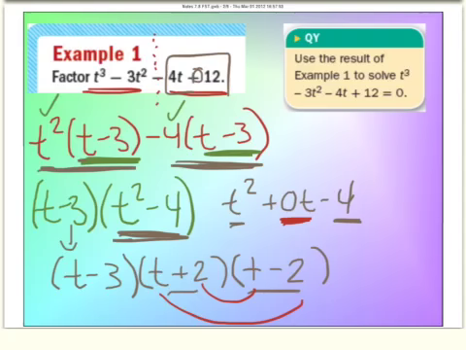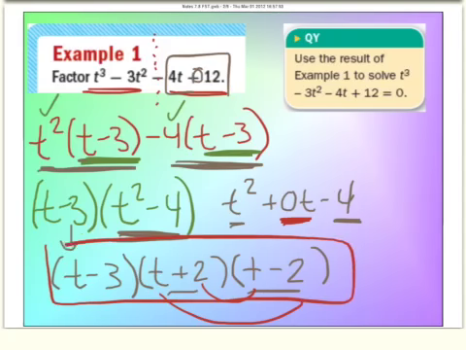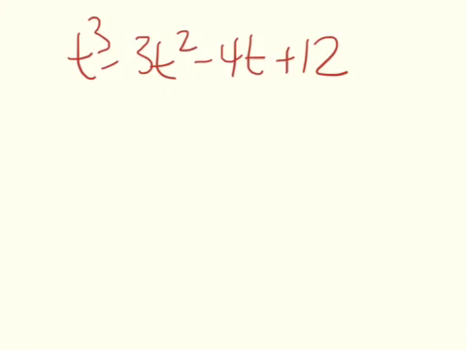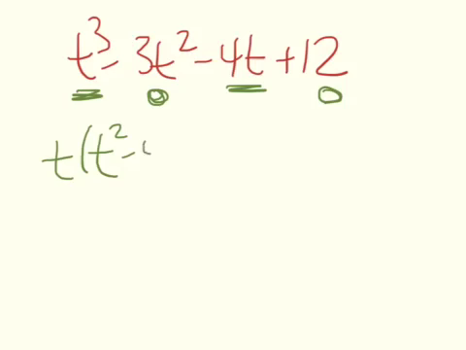So when you factor by grouping and completely factor, these are the three binomial factors that we get for t cubed in this polynomial right here. I do want to show you, though, that you could have factored by grouping a little differently on this one. You could put these two terms together and then these two. If you do the t cubed and the minus 4t, you would pull out a t, so you'd have t squared minus 4.